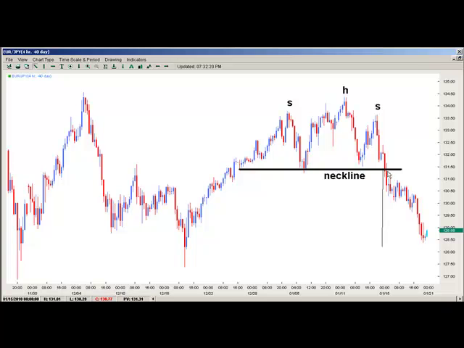Subtract that number of pips from the price that it breaks out at, and you'll get your minimum price target. So there's more than one way to skin a cat, if you will. Your minimum price target is roughly right in here. And so we're almost to that minimum price target.